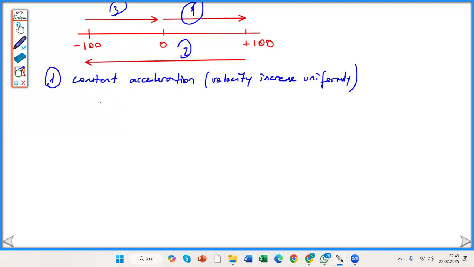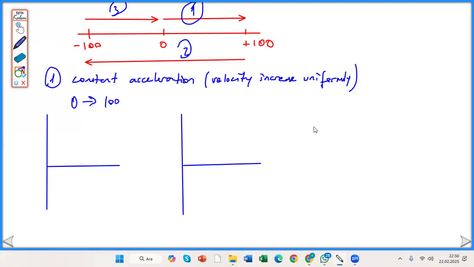Let's analyze the first trip, from 0 to 100. Let me show you firstly the position time graph and velocity time graph, and finally the acceleration time graph. This is the displacement time graph, velocity time graph, and acceleration time graph.